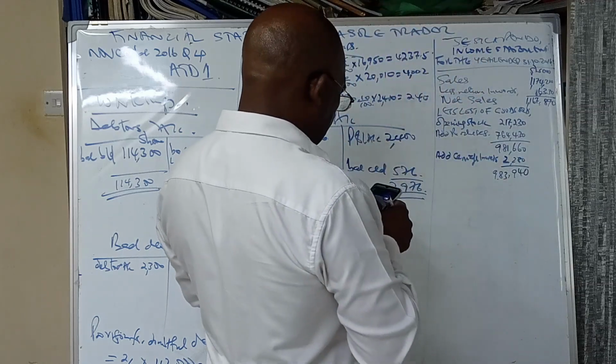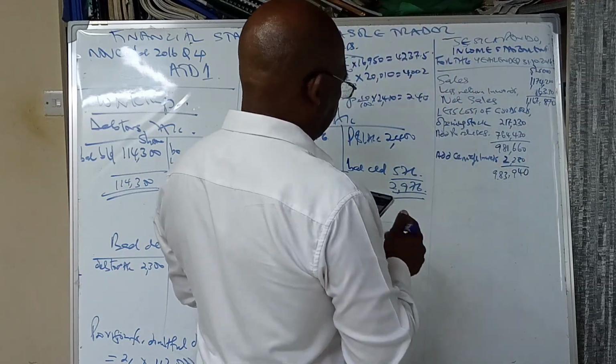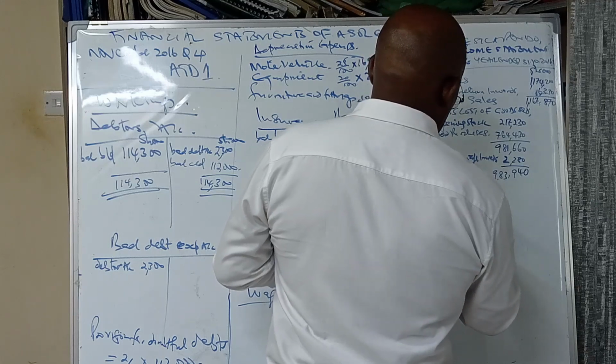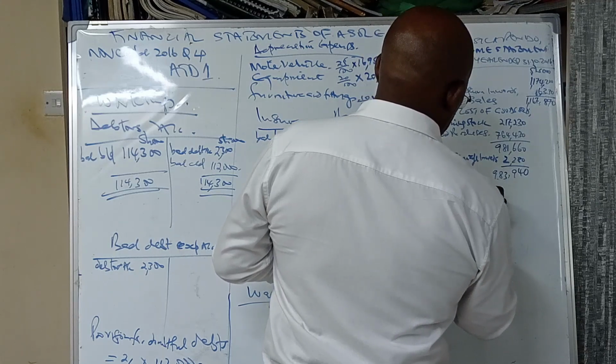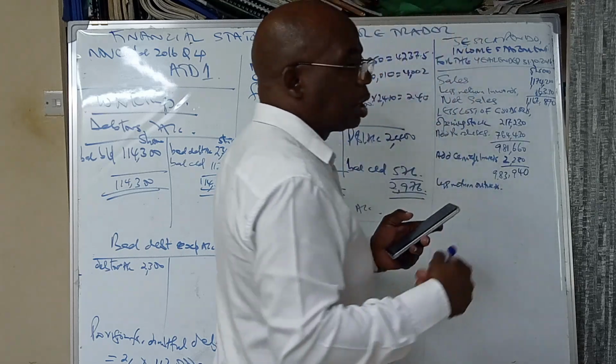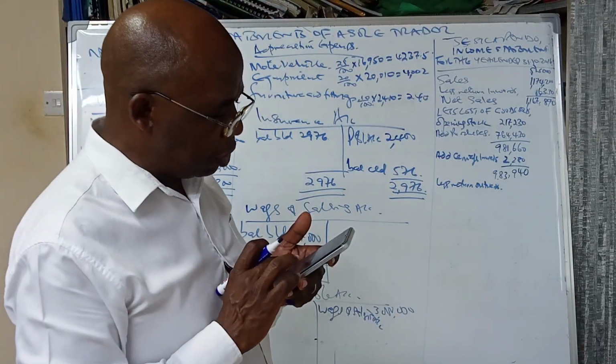Then we have less return outwards. The inventory which we had received and returned, we never used it.